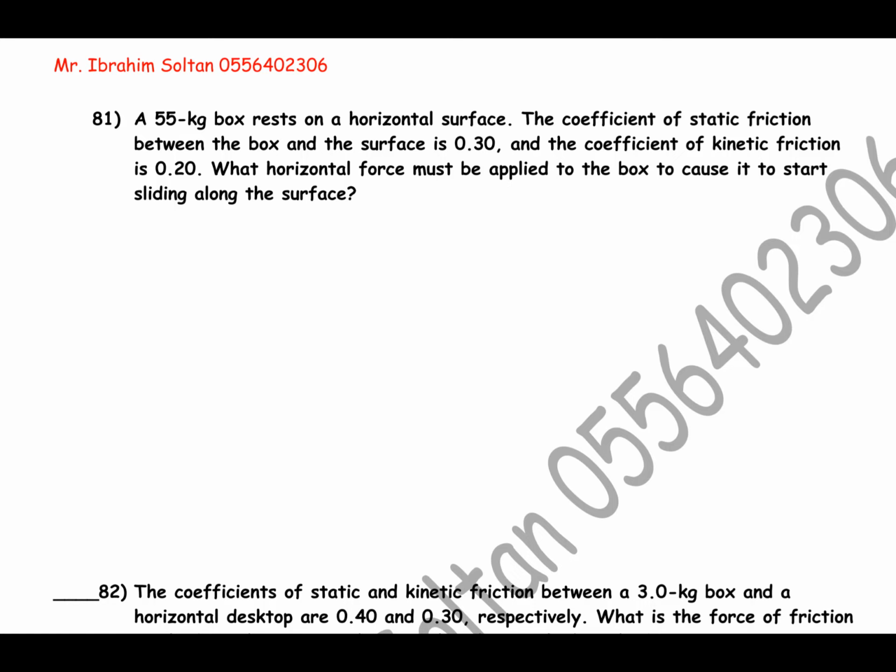Let's complete chapter 5. The first problem. A 55 kilogram box rests on a horizontal surface. The coefficient of static friction between the box and the surface is 0.30, so mu s equals 0.30.